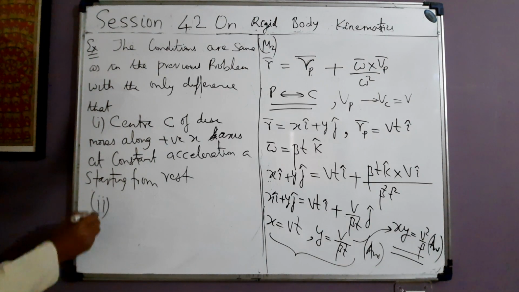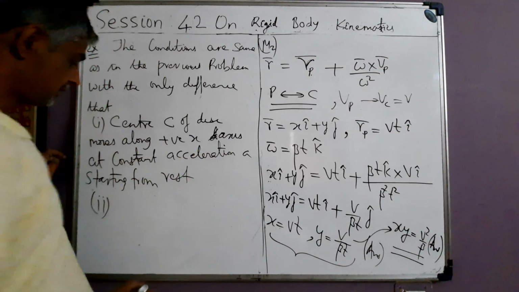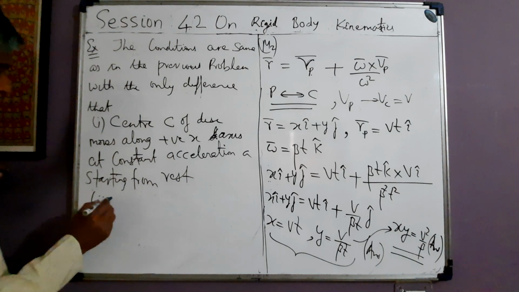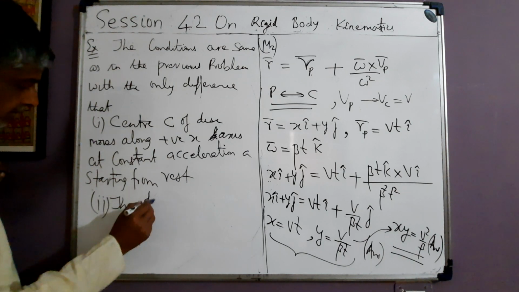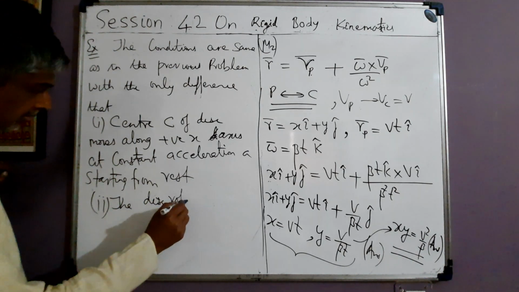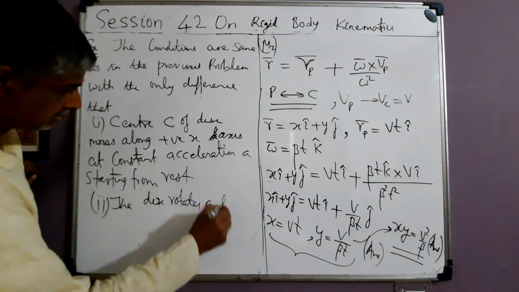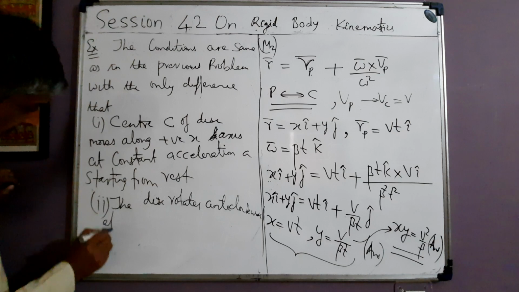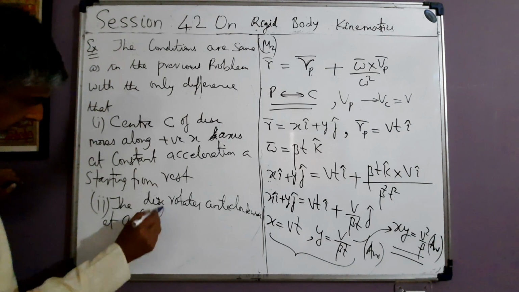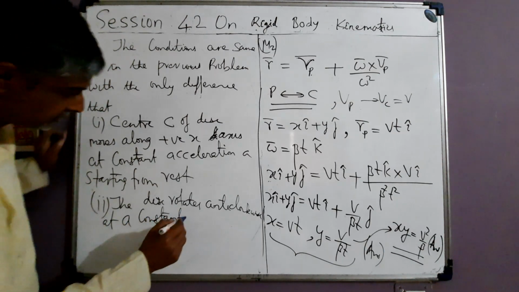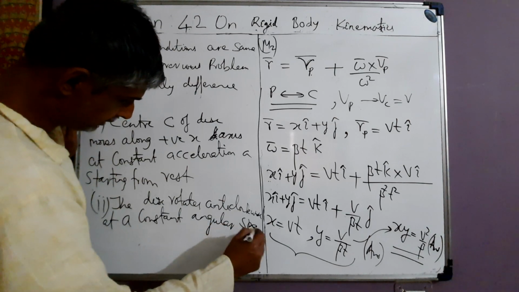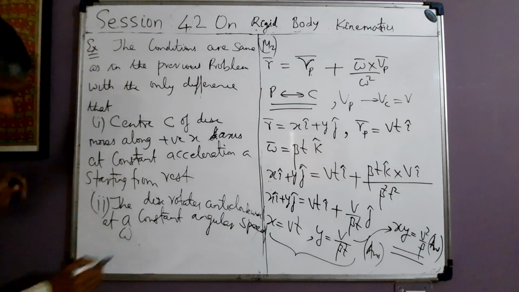And second is the disk rotates anti-clockwise at a constant angular speed omega.